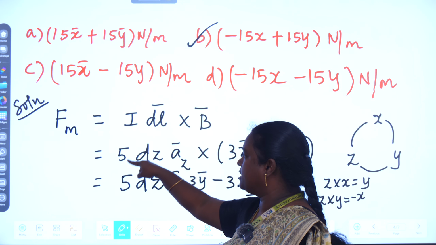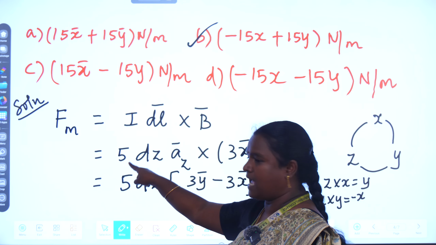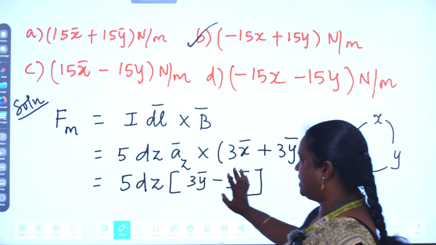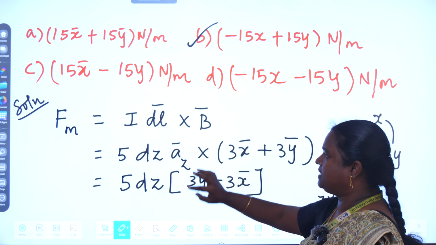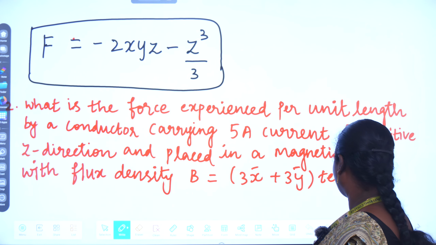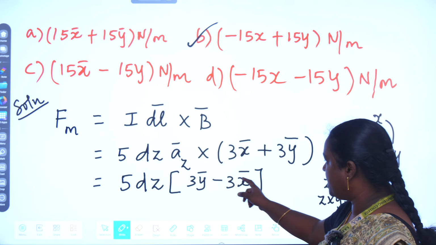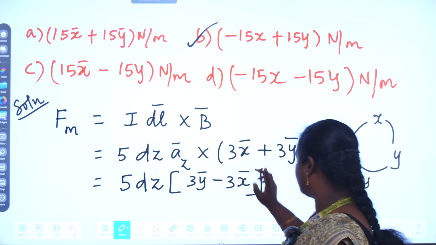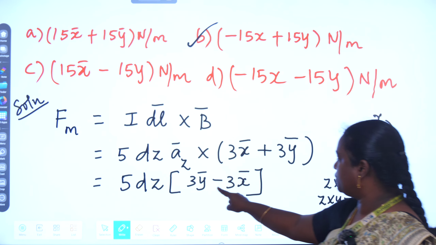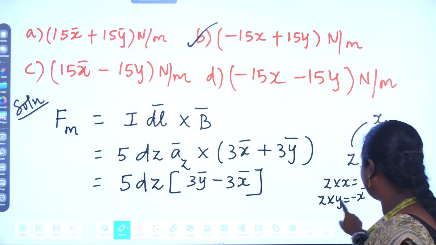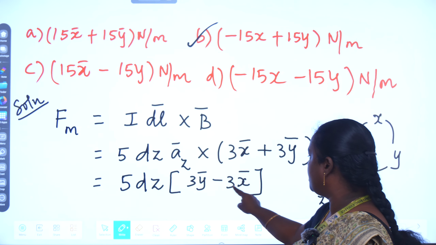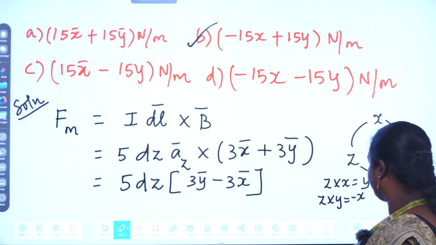The given current is 5 amps flowing in positive z direction, so dz into the vector Az cross B, where the magnetic flux is given in the question, which is 3x̄ plus 3ȳ. Substituting here and multiplying these terms, Az into x̄, that is z into x, gives y direction, so 3y. z into y gives the reverse direction, which is minus x, so minus 3x.